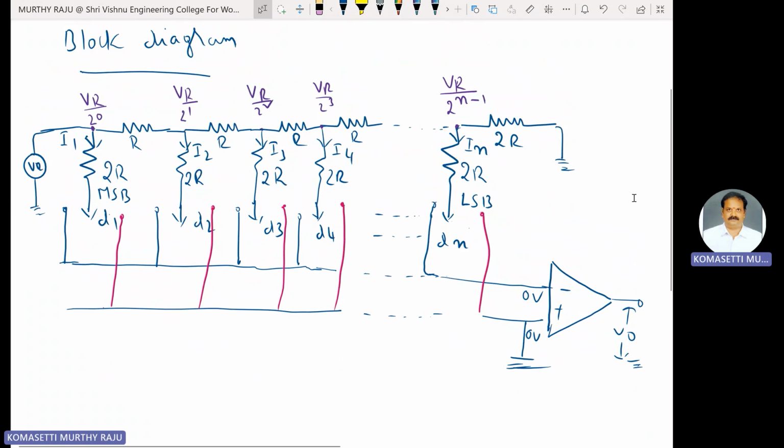Here find out I1 value, I2 value, I3 value. IX, IY, IZ, like that.